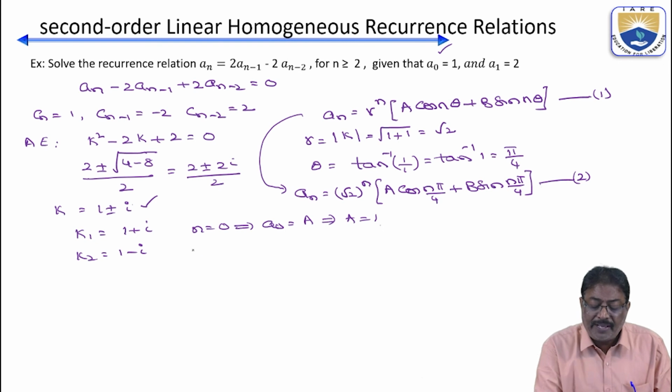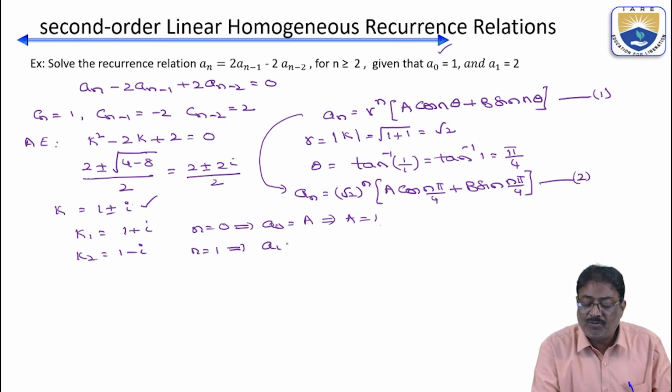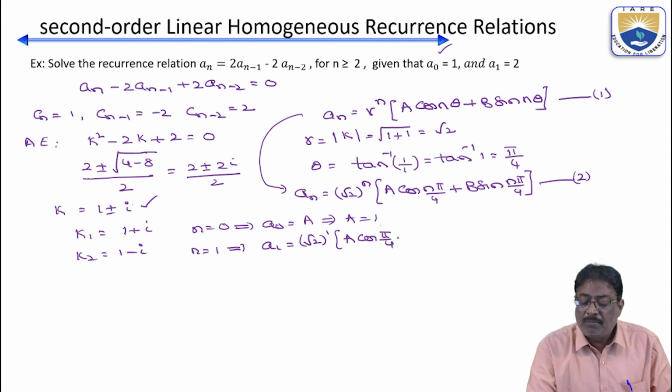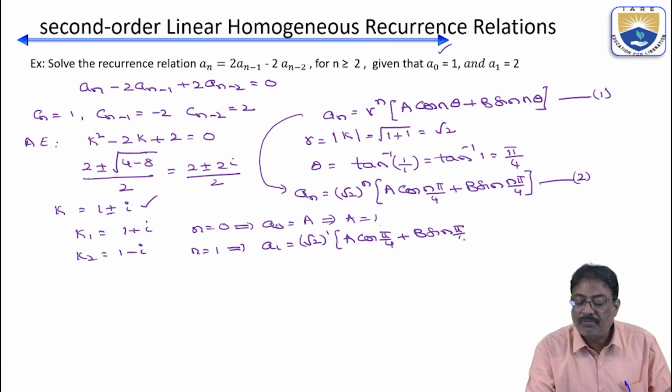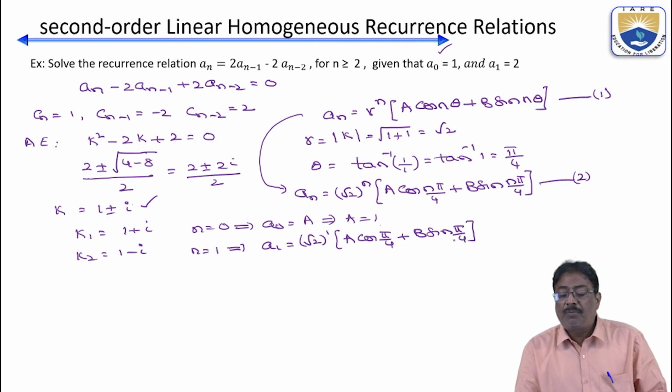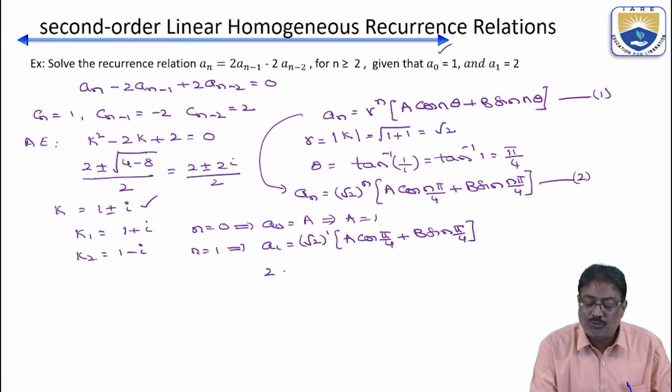Now, if I take n equal to 1, then a_1 is equal to root 2 to the power of 1, times a cos pi by 4 plus b sin pi by 4. What about a_1? It is 2.